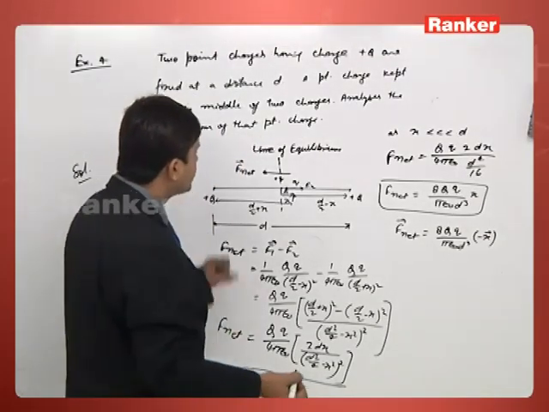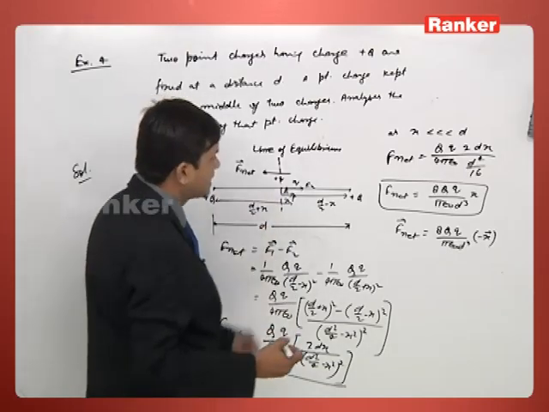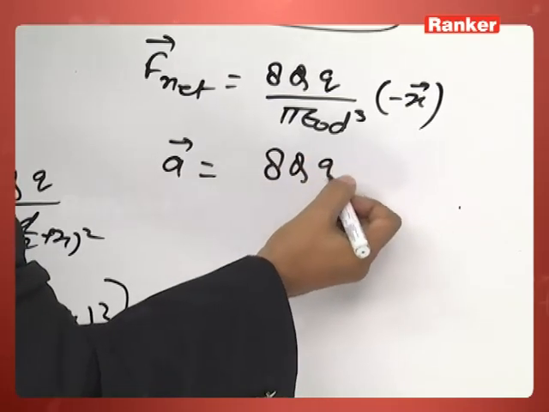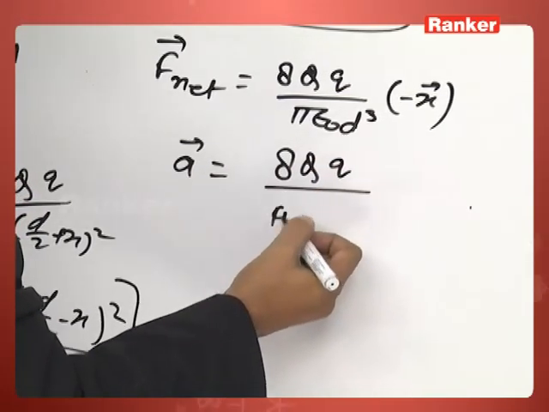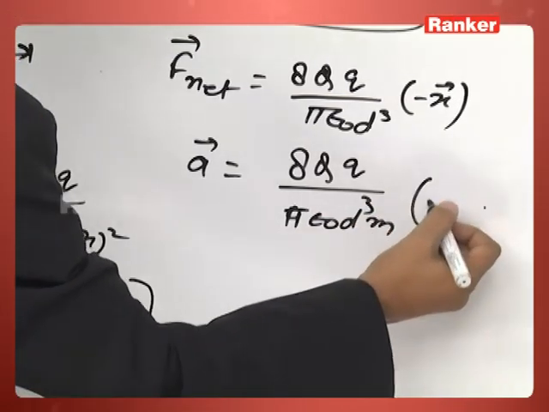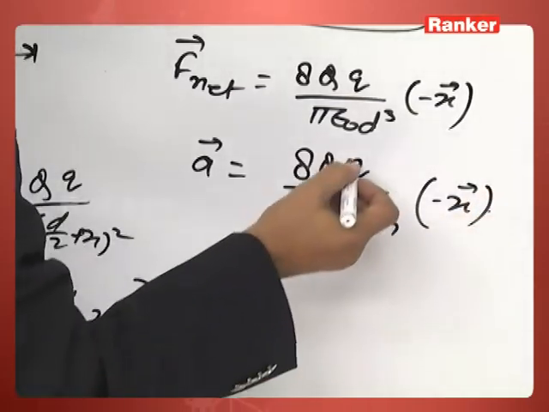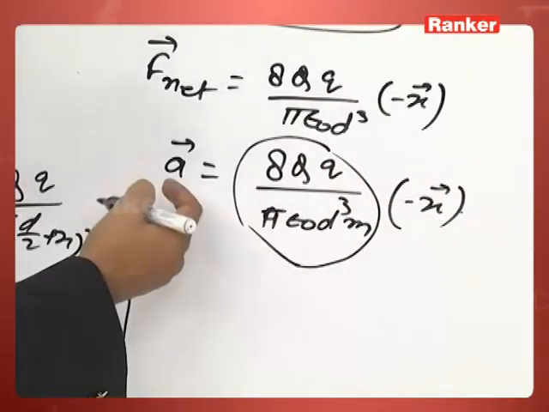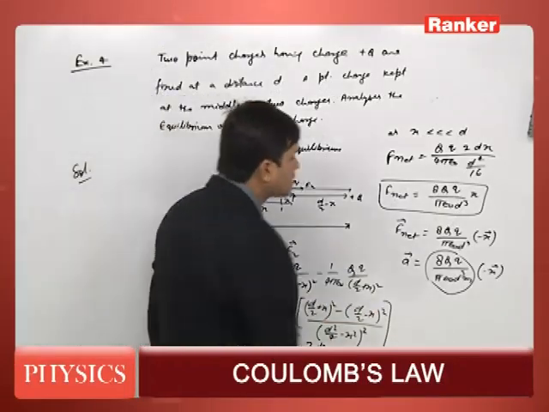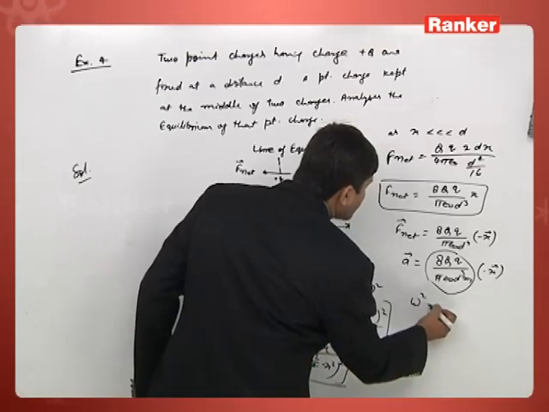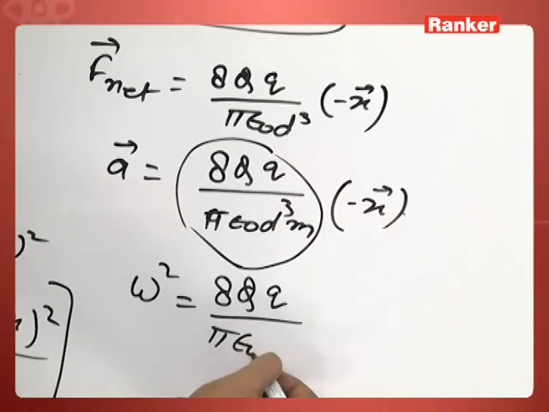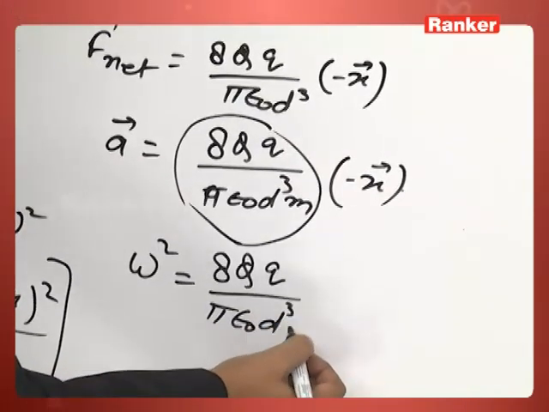So acceleration, if m is the mass of the charged particle, is 8q by pi epsilon naught d cube into m, into minus x. This term is a constant and a is proportional to minus x. So this constant term is called omega square. The omega square will be 8q by pi epsilon naught d cube into m.